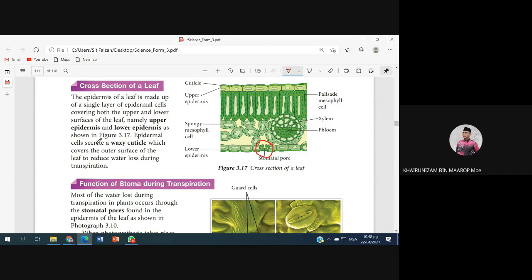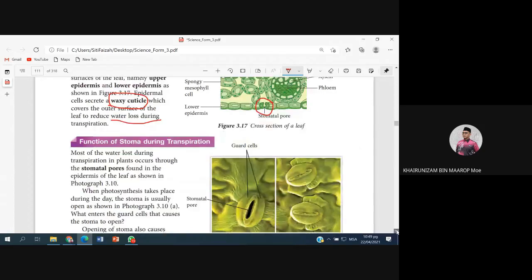The epidermal cells secrete a waxy cuticle, which covers the outer surface of the leaf to reduce water loss during transpiration. Because the upper epidermis is normally facing the sun.